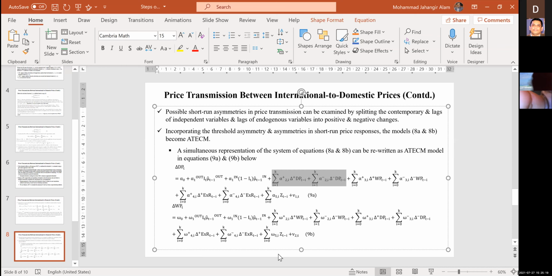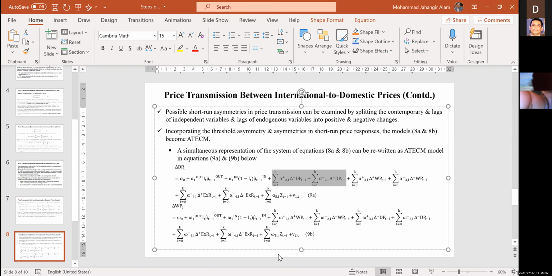If they are not the same, that means an asymmetric behavior exists. For example, with the international price, when the price goes up, it's not transmitted immediately or in the same way to the domestic price as when it goes down.